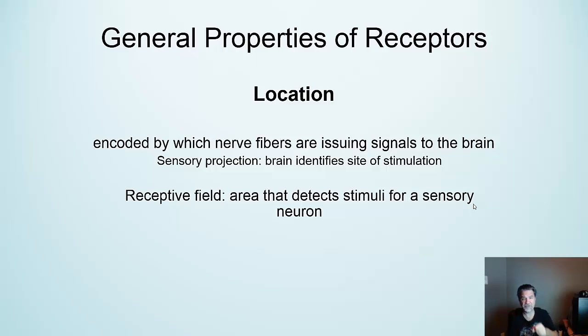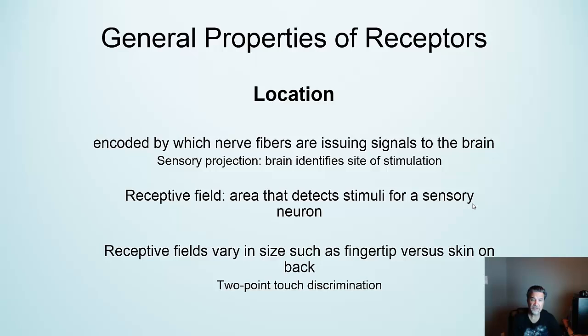Remember, an axon is leaving the neuron and then can branch into many branches. And where those branches end up at and the area that they are responsible for is called the sensory field. So in the fingertips, you're going to have incredibly small sensory fields or receptor fields. In the stomach or on the back, you're going to have huge sensory fields.